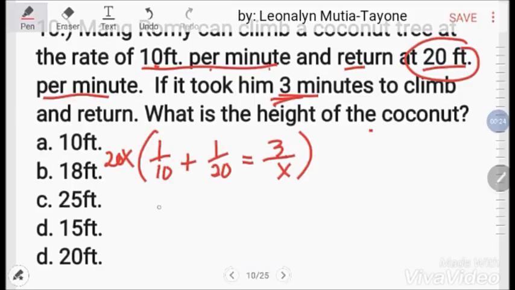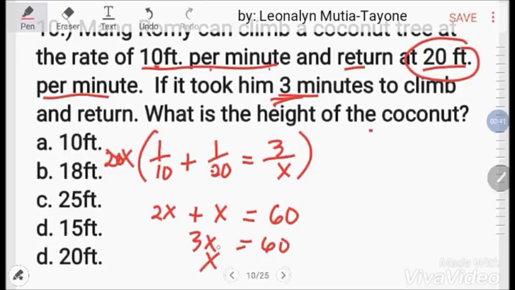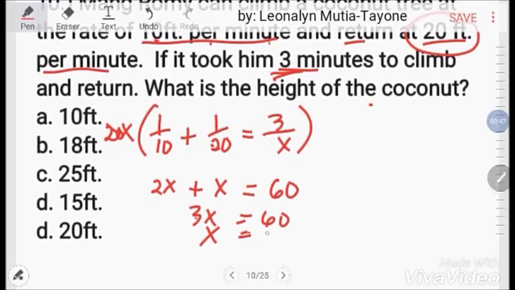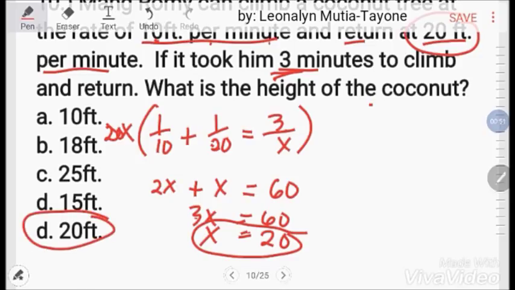And this will be 2x plus, cancel, this is x plus, and this will be 60. So ito na yung formula natin. 3x equals 60. So cancel out x, 60 divided by 3 is equals to 20. So ang answer ay 20 feet.